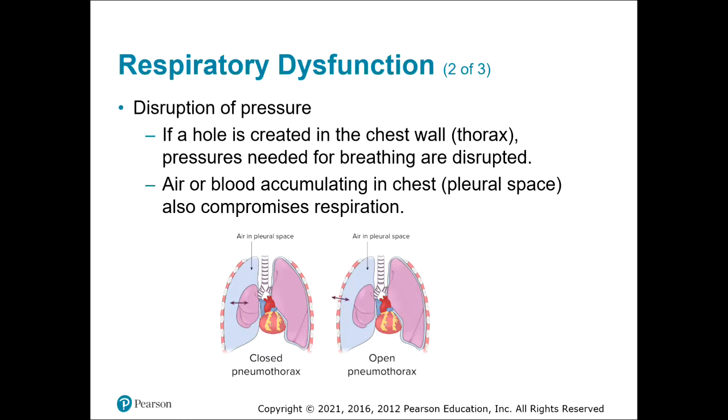A needle decompression is temporary. That buys us about 10 minutes of time, because you've got to think that we're going through muscle tissue, through our pectoralis major, which is a large muscle. That muscle just went through trauma. It's going to contract, and it actually contracts enough to close off the catheter that we leave in.